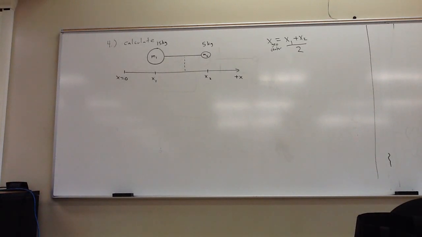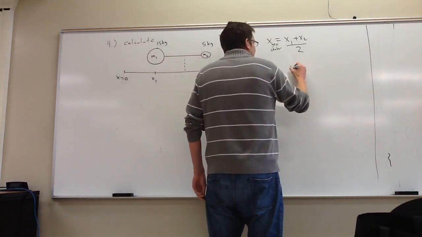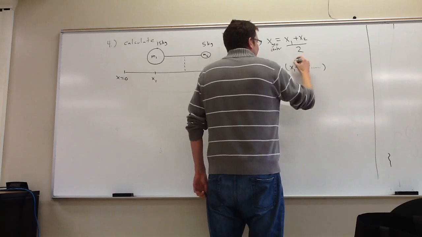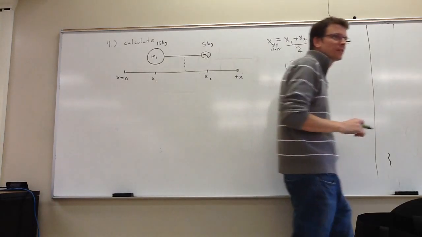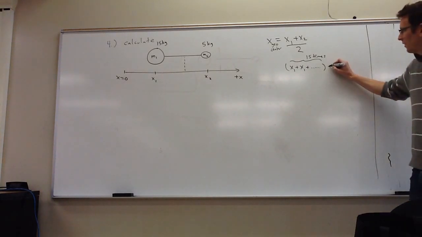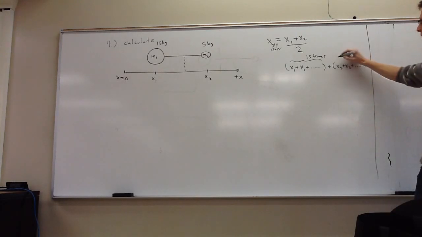So what do we do? Well, what we could do is put in x1, and let's put that in 15 times, right? It's kind of like playing the lotto, right? So you put in more tickets, okay? So we'll put x1 in 15 times because there's 15 kilograms there. And then we'll put in x2. We'll put that in only 5 times.